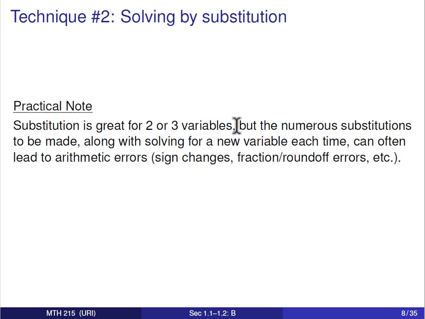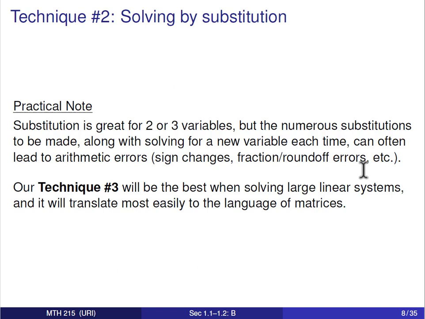But substitution becomes a little bit less helpful as you get into larger systems with more variables and more equations. Even if you were to introduce computers, there are some things to be careful of. So for that reason, our technique number 3 that we're going to introduce next will be the best technique for solving large systems of linear equations.